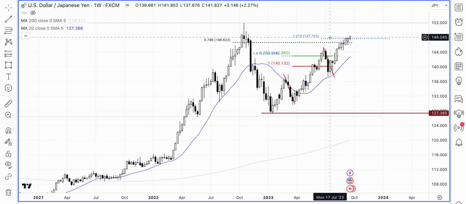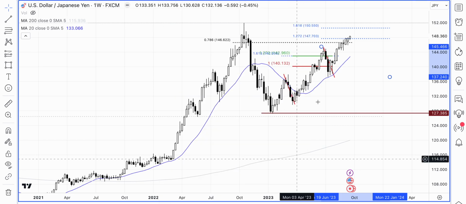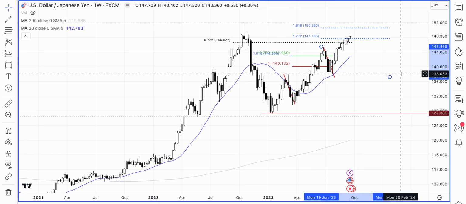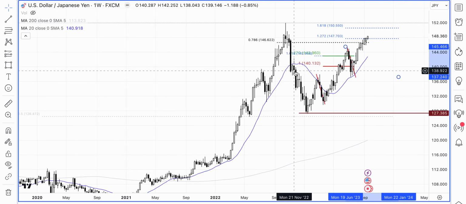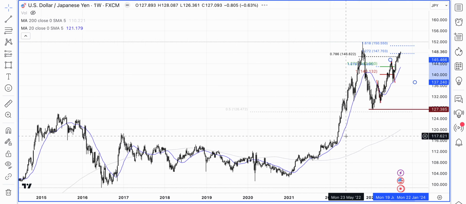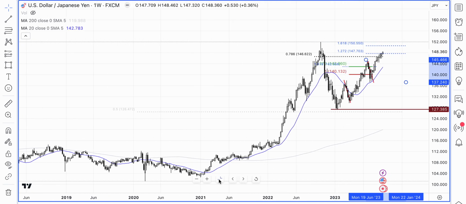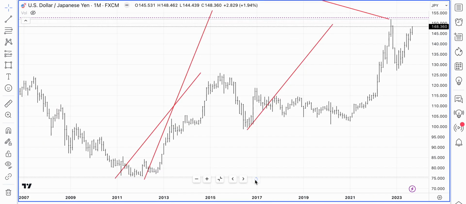So it's kind of getting into that zone. Let me actually draw that here. So that one is around 150. So yeah, this is where we need to be careful of this advance in price.